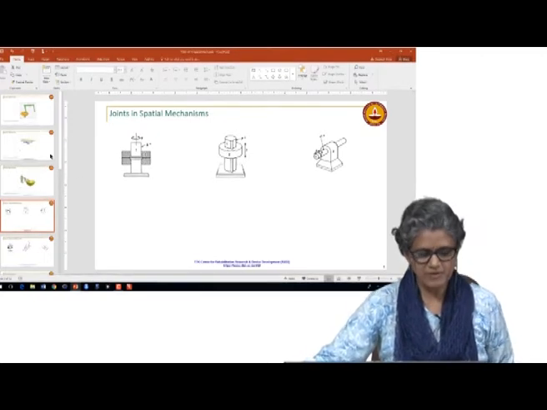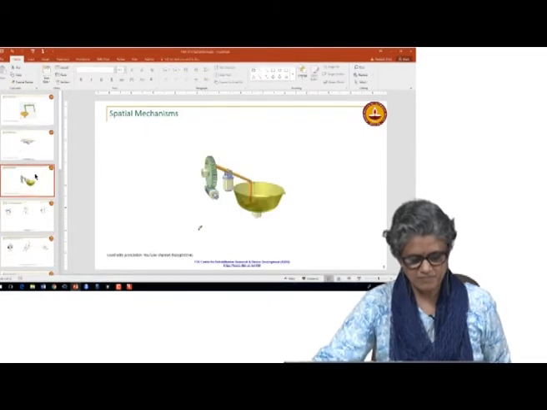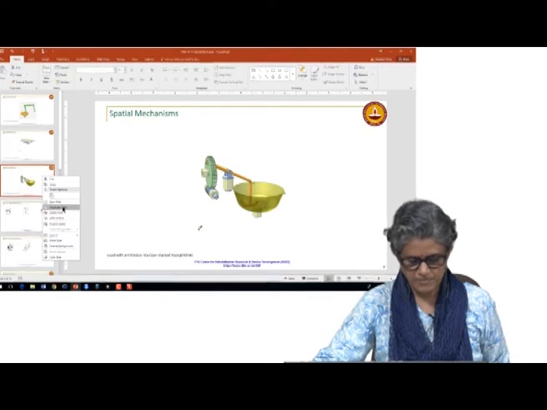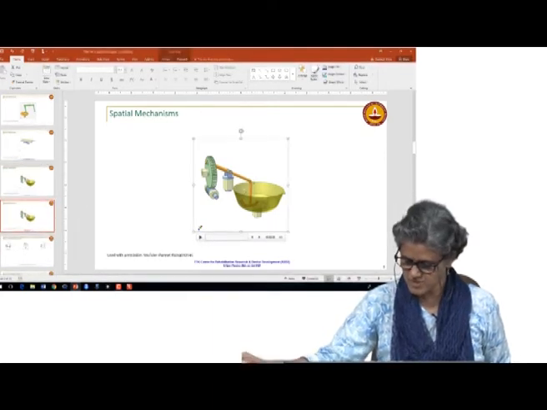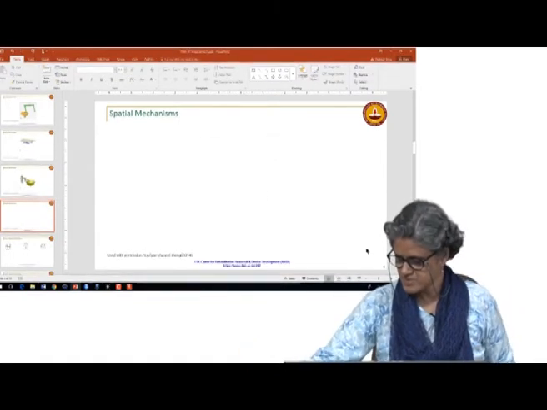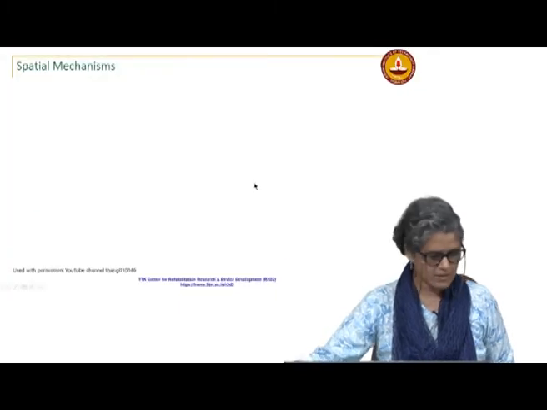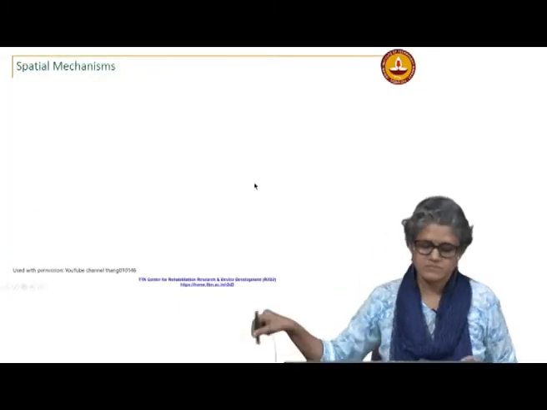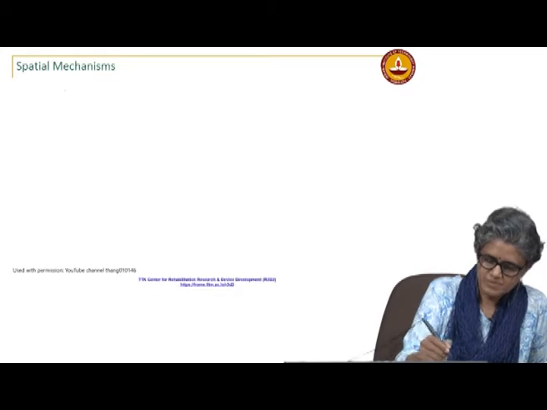Can you think of any examples you may have seen of spatial mechanisms where the motion does not just happen in one plane?